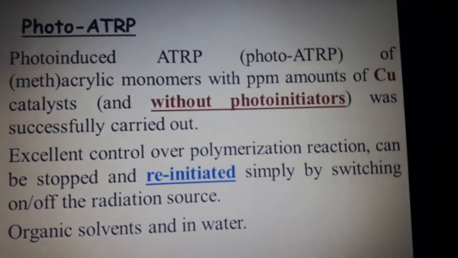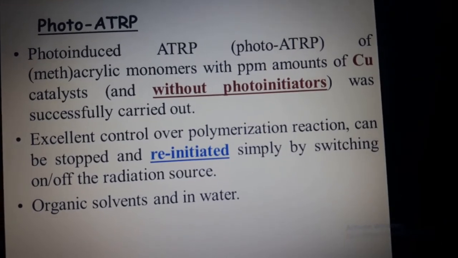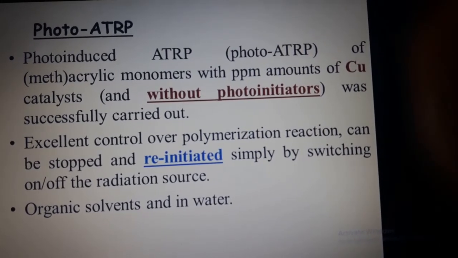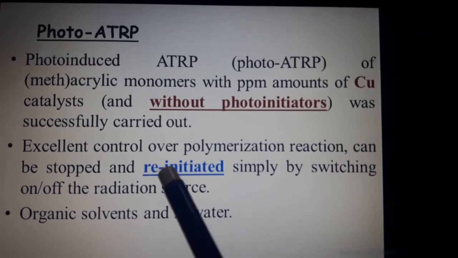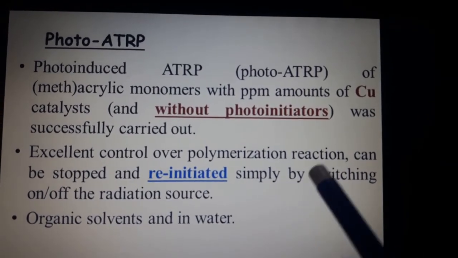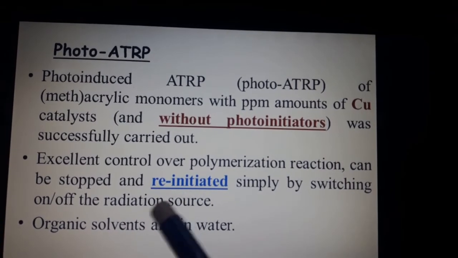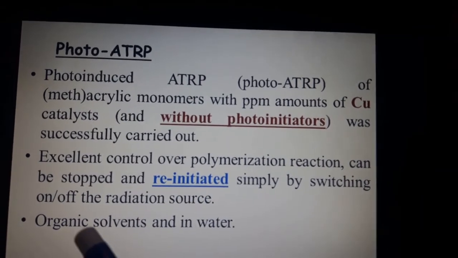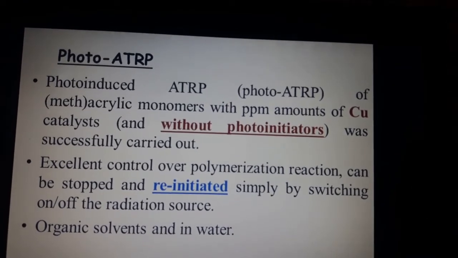This can have good control over the polymerization reaction, and the polymerization can be stopped or reinitiated by simply switching the light from the radiation source on and off. This can be carried out in organic solvents as well as in water.